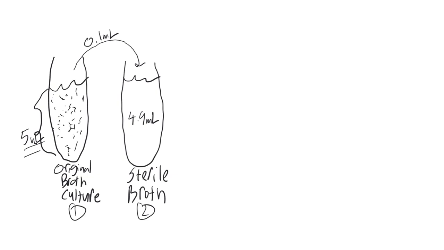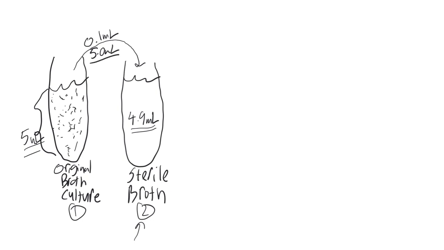Before I move on, what I'd like to figure out is by how much I have diluted. In other words, what is my dilution factor in this tube? To do that, you take the final volume in that tube and divide it by the amount you put in. If the volume of sterile broth was 4.9 and I put in 0.1 milliliters, my final volume is 5 milliliters.